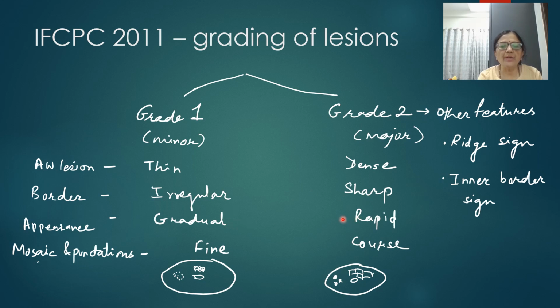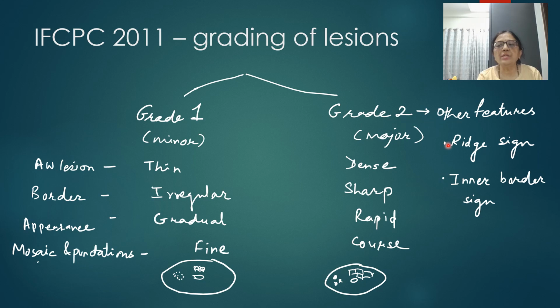If there is a rapid appearance of the acetowhite area, it is major. And we look for the presence of mosaic and punctation. Fine mosaic and punctation is minor, whereas coarse mosaic and coarse punctation is suggestive of a major or grade 2 lesion.